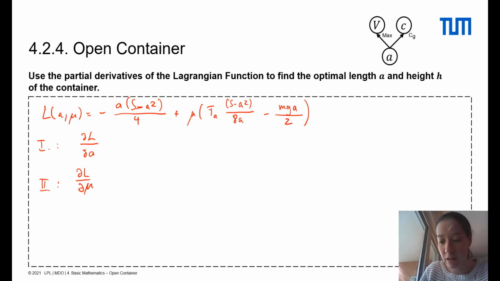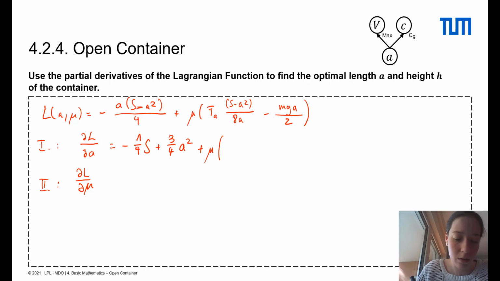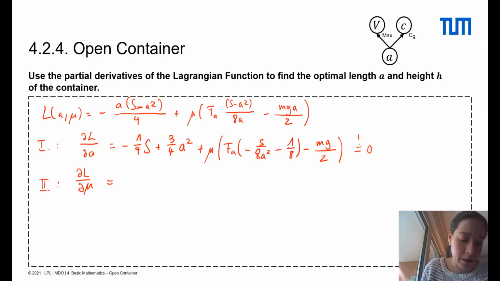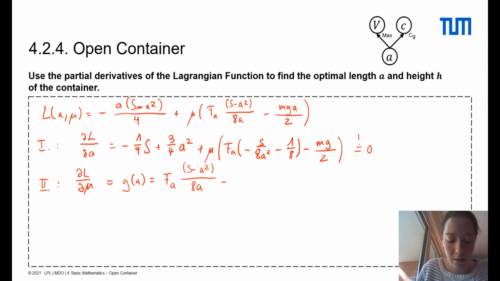So that would be the case when the inequality constraint is active. So here we got s plus 3/4 of A squared plus mu times fa times minus s over 8 minus 1/8 minus m times g over 2, and that has to be 0, and that's basically g of A, and that has to be 0.